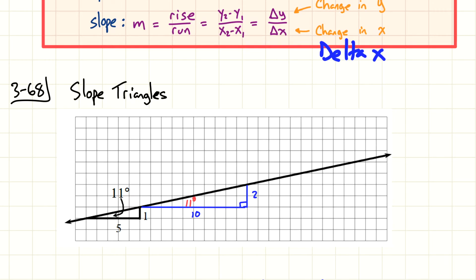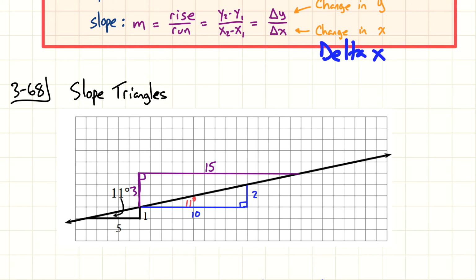And what would be the run on this one? So it's going to go 1, 2, 3, 4, 5, 6, 7, 8, 9, 10, 11, 12, 13, 14, 15. All right, so this is a run of 15, and this has a rise of 3.